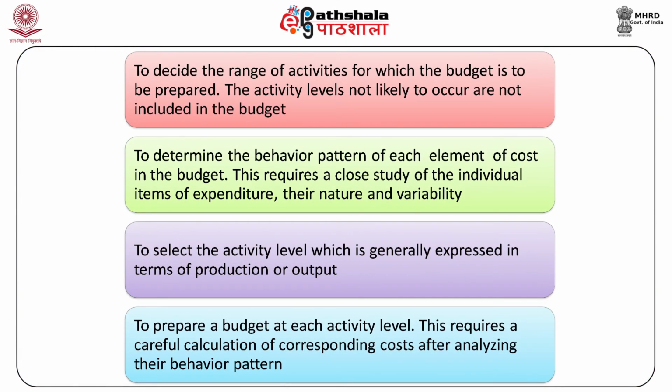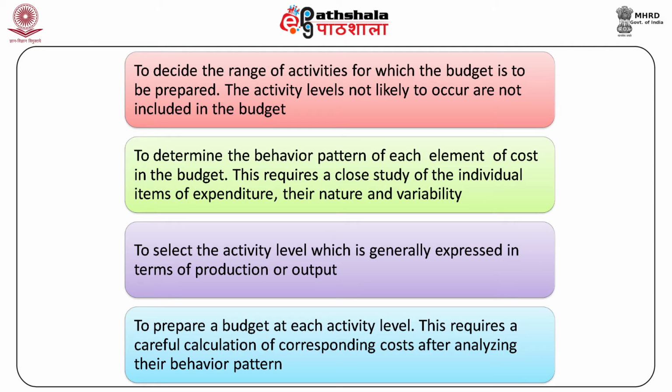In order to develop a flexible budget, certain steps should be taken. First, decide the range of activities for which the budget is to be prepared. The activity levels not likely to occur are not included in the budget. Second, determine the behavior pattern of each element of cost in the budget. This requires a close study of the individual items of expenditure, their nature and variability.